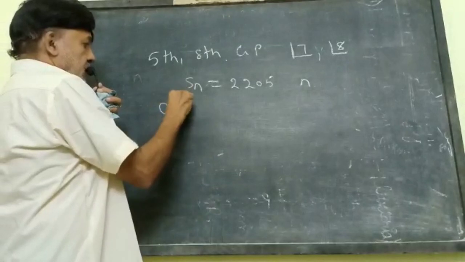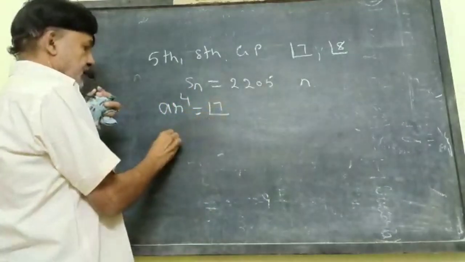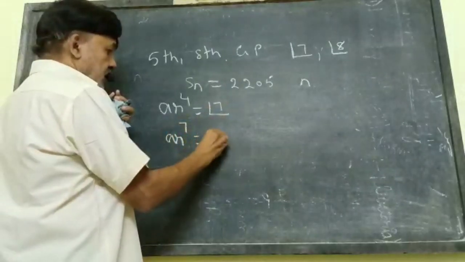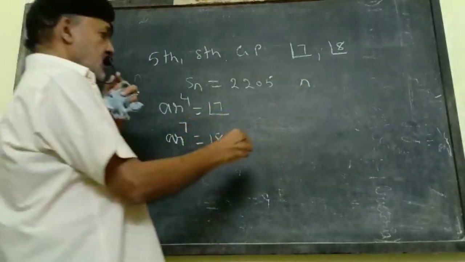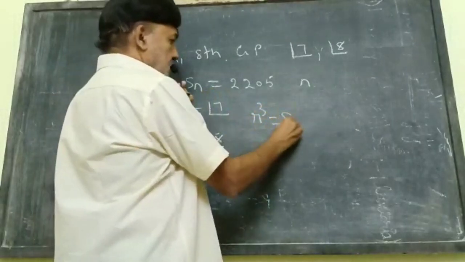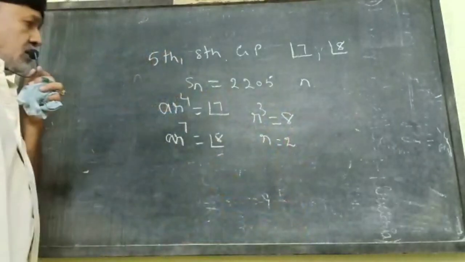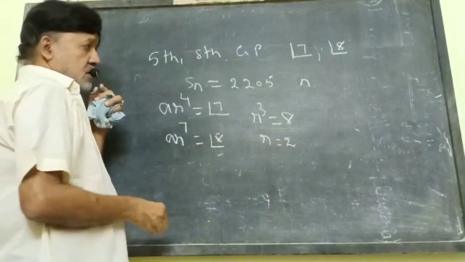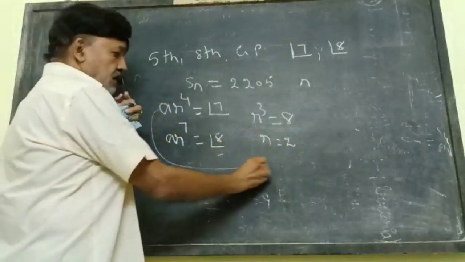A r to the power of 4 is equal to factorial 7. A r to the power of 7 is equal to factorial 8. So when you divide one by the other, you get r cube is equal to 8, r is equal to 2. So if you know r value, and if you put r value here, you will get a value.